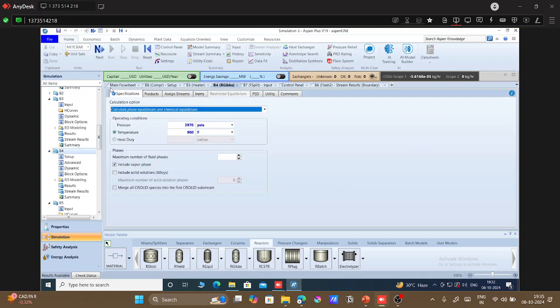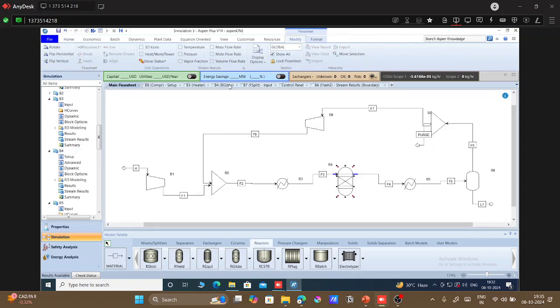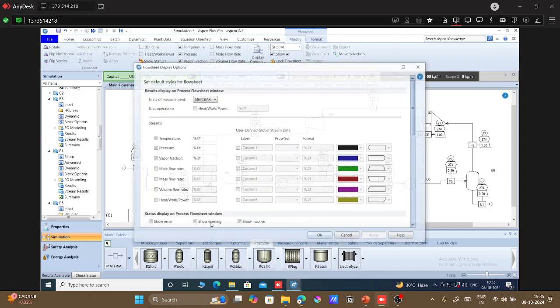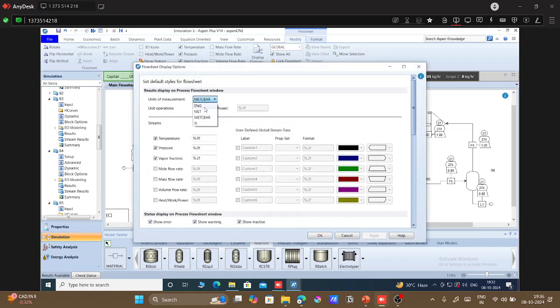Now another thing, let's add the temperature, pressure and vapor fraction values. Let me change it to English units.